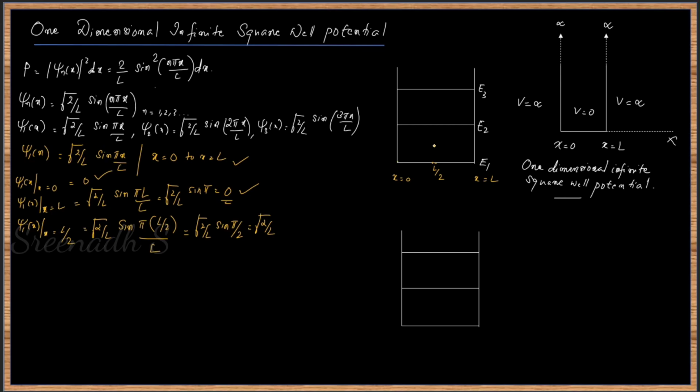The graph will start from 0 at x equal to 0, it will have a maximum value at x equal to L by 2, and then it will come to 0 at x equal to L. So it is the form of the wave function at the energy level E1, write psi 1.